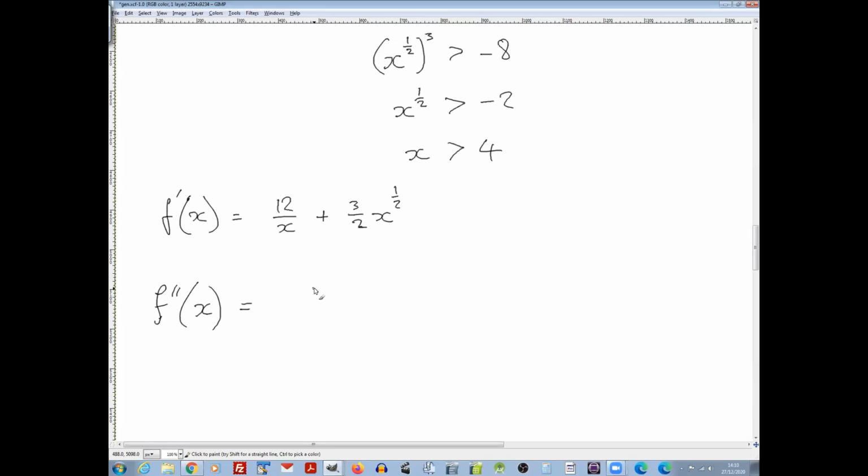Good. So 12x to the minus 1, you could say minus 12x to the minus 2. We can put it as minus 12 over x squared, but you haven't got rid of both the x's, so let's not bother. Plus 3/4 x to the minus half. Which you could rewrite as over root x. Good. But that's fine like that.